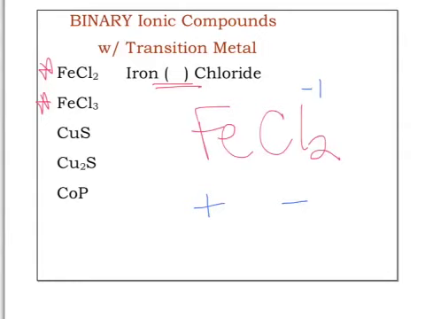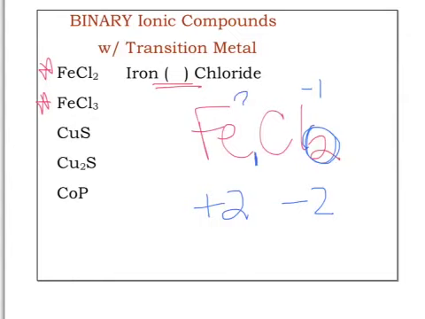If there are two -1s, then the total negative charge is -2. For all compounds to be neutral, they have to have an equal number of negatives and positives. So if this is -2, then the positives have to be +2. Notice how many irons we have here. There's only one iron.